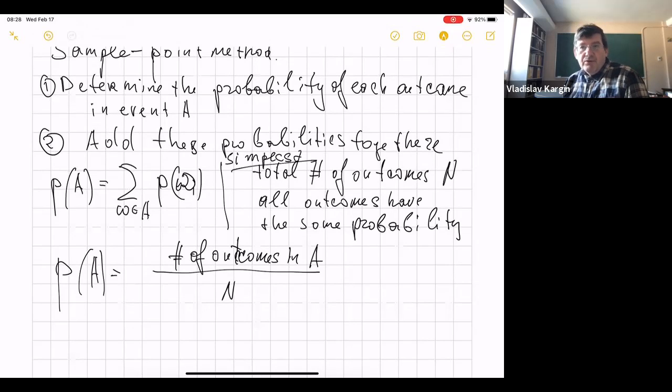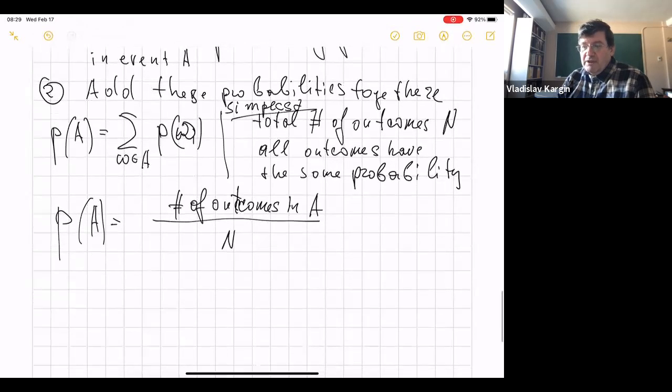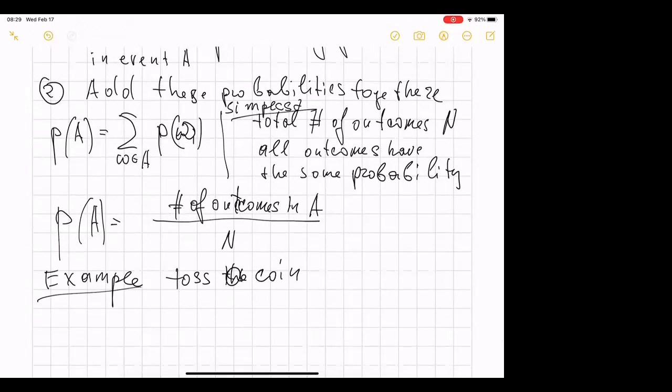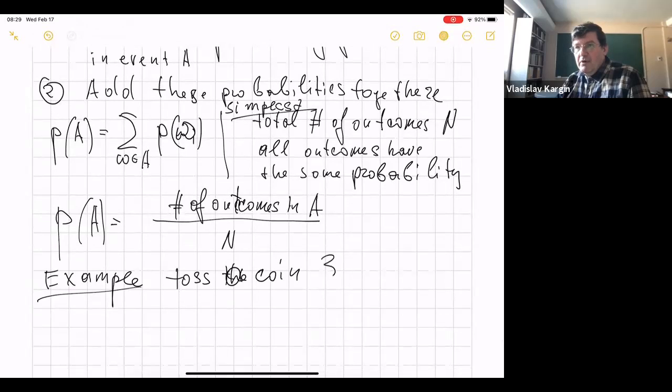In many cases in classical probability, you just do this counting. So here's an example. Toss a coin 3 times.